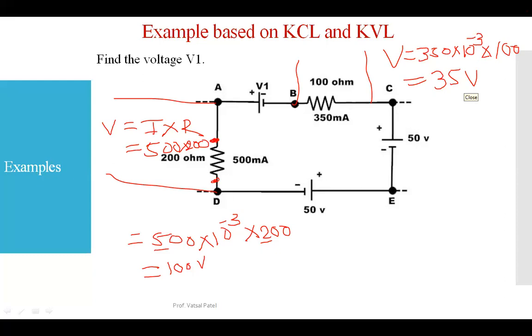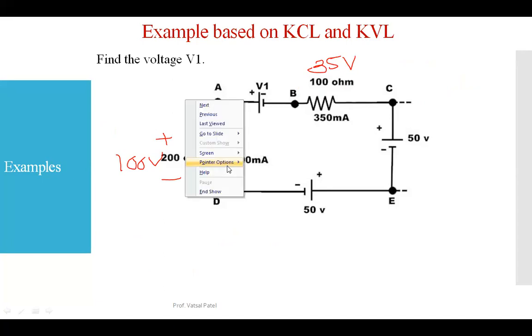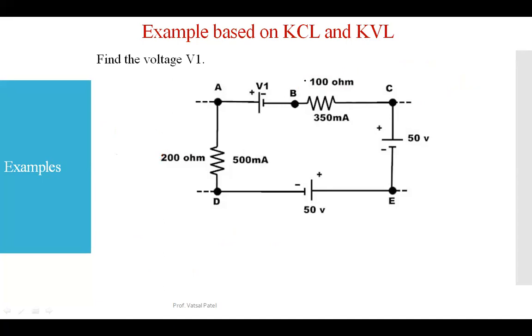Now, this circuit is just like our KVL circuit that we discussed previously. So you will have the voltage across this terminal like this, plus or minus 100 volt across this 200 ohm resistance, and 35 volt here. Now can we apply KVL here as per our direction?